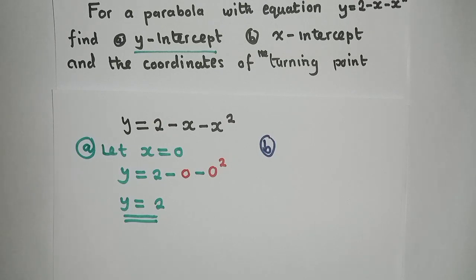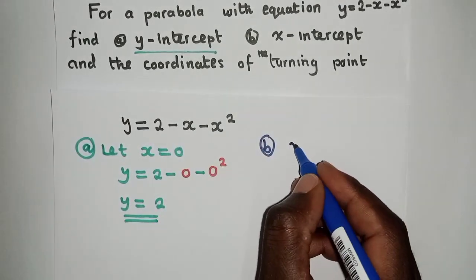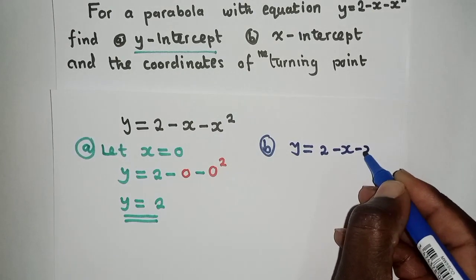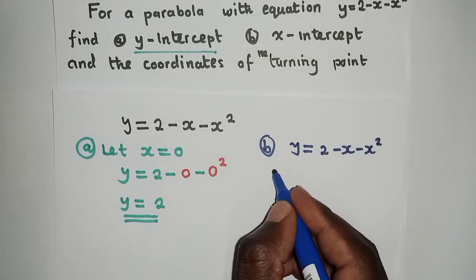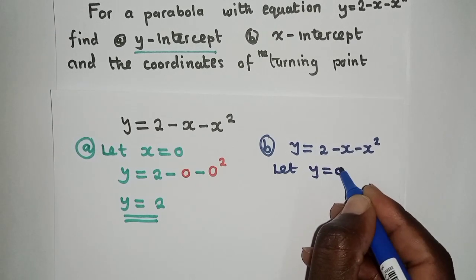So this is question 1. Question A, where we were asked to find the y-intercept. So now for the x-intercept, we get our function right here. Okay. Now we let y is equal to 0.